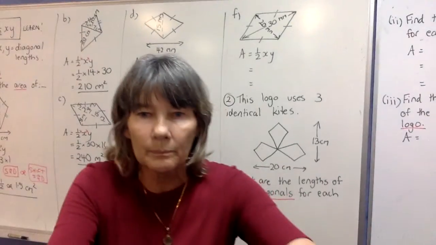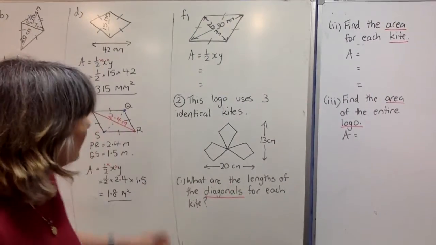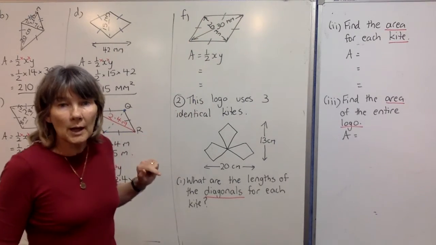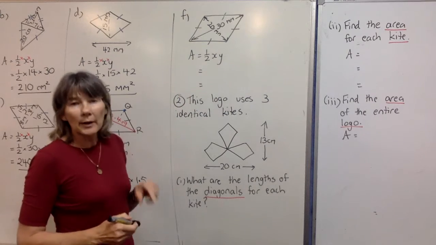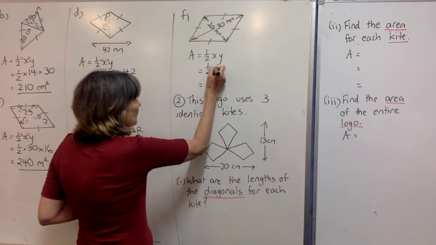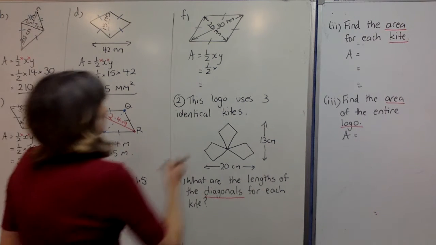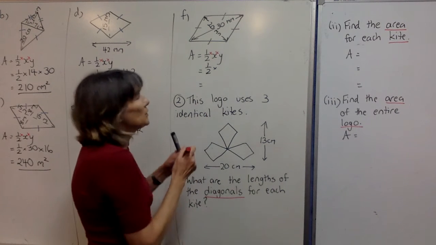All right, so if we have a look at F at the top here, this one is 4 equal sides, that's a rhombus. So we're using our area formula. So it's a half times. Now we have our full diagonals given to us here.